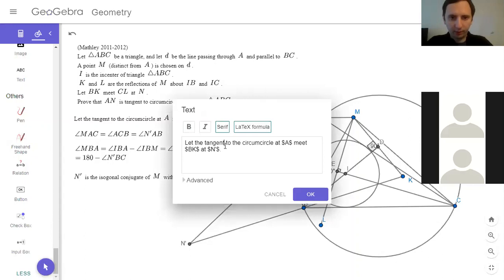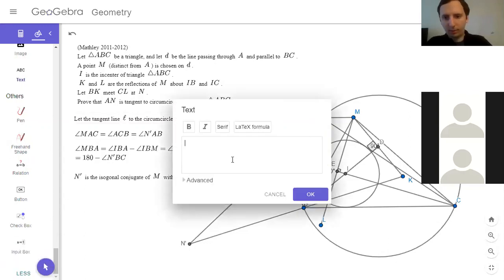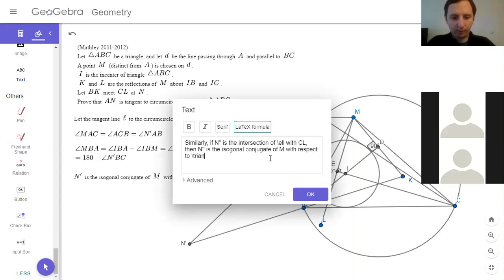Let the tangent line be L. If N double prime is the intersection of L with CL, then N double prime is the isogonal conjugate of N with respect to triangle ABC.